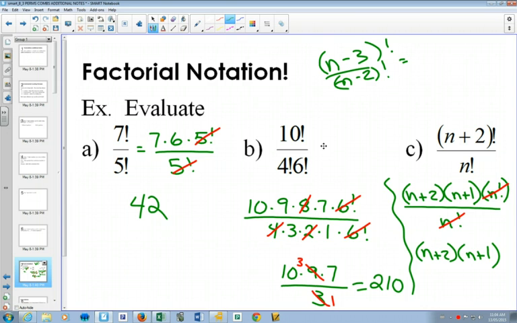Now that I know the bottom one is bigger, I would keep the top the same, and I'd start expanding. What's 1 less than n minus 2? And this is where you're going to be tempted to write n minus 1, because 1 less than 2 is 1. But if it's n minus 2 and you subtract 1 from it, minus 2 subtract 1 will give you n minus 3.